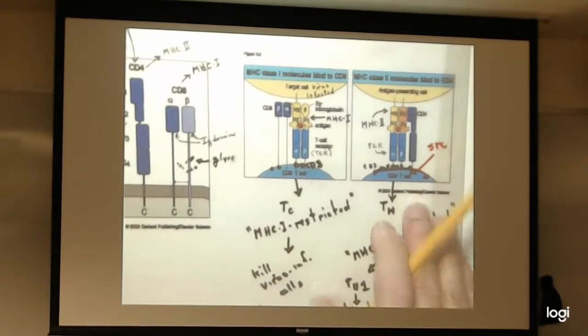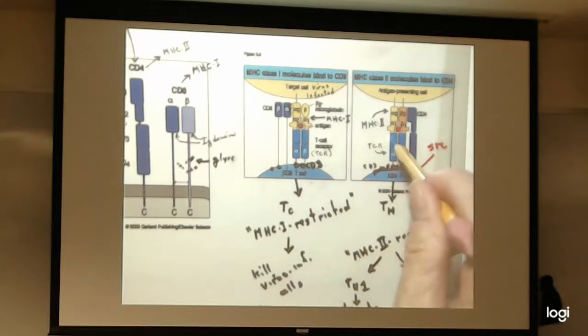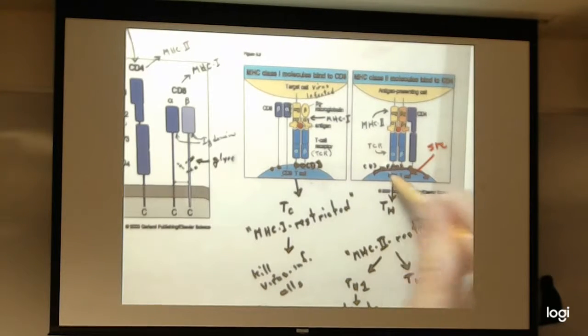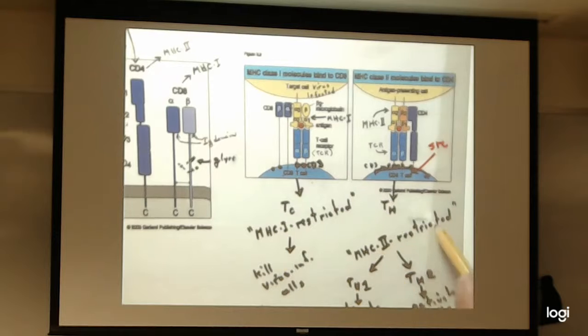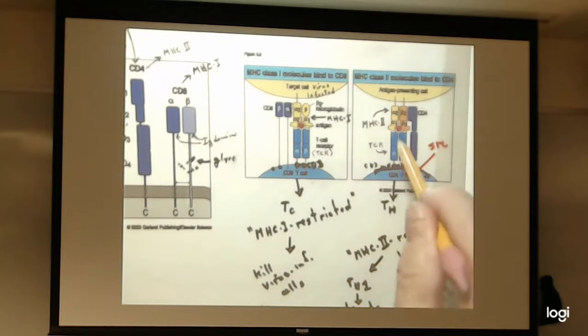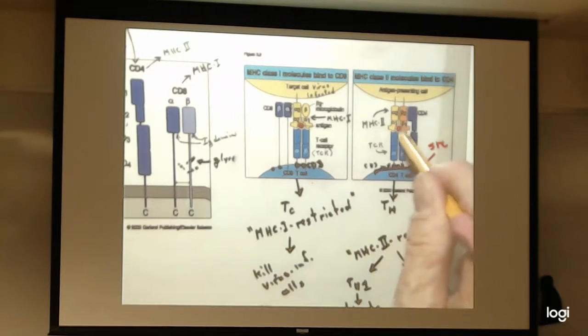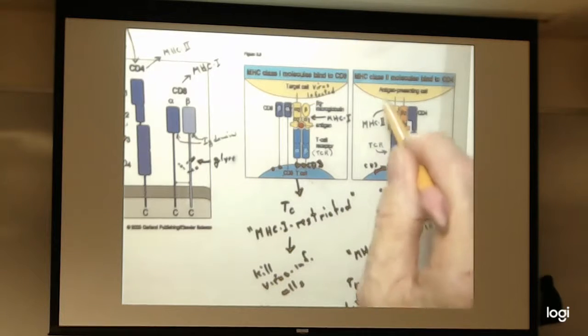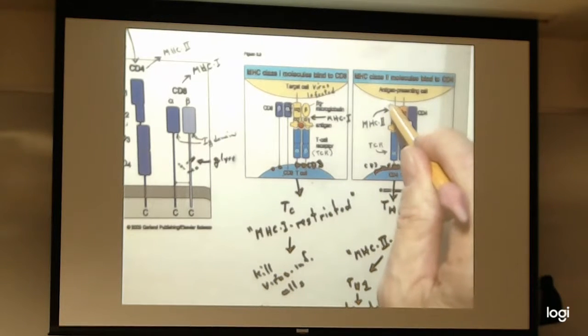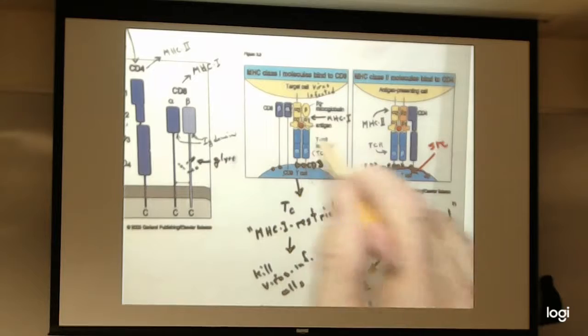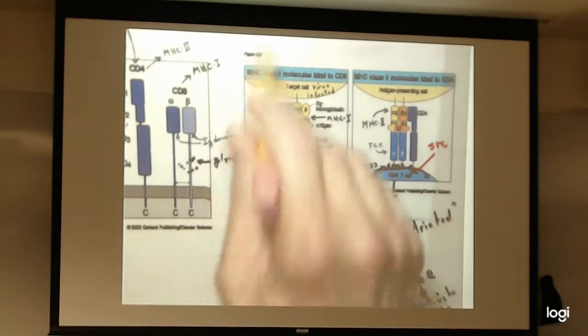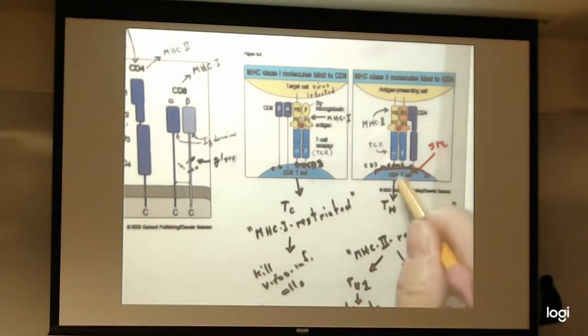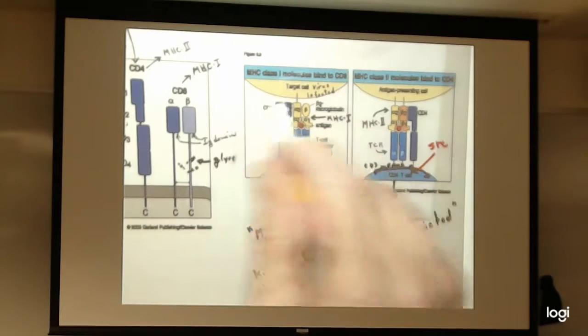And similarly, we would say that the T cell receptor on CD4 T cells is MHC2 restricted. Okay, this T cell receptor can only recognize foreign peptides presented by a class 2 molecule. In this cell, we may have peptides being presented by class 1 molecules, but this CD4 T cell can't see those peptides.